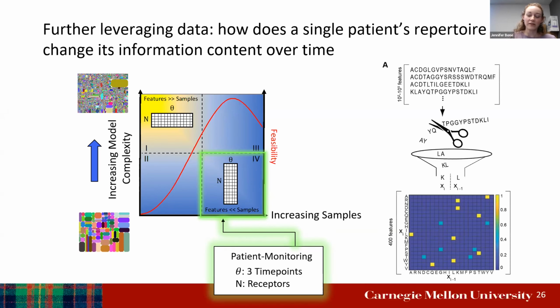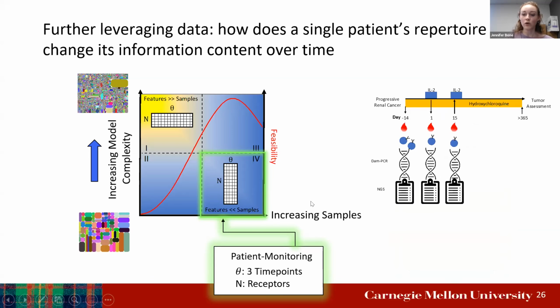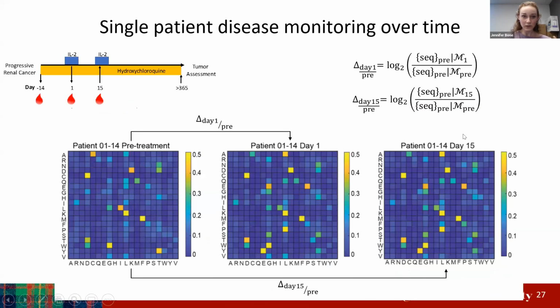So we started with the same analysis again. We chopped up our CDR3 sequences into amino acid pairs and put them into the same matrices. But now we're going to do it for all 3 time points and compare each time point to the previous one. So now we're looking at day -14, day 1, and day 15 and asking the question, how does a single patient's adaptome change over time?